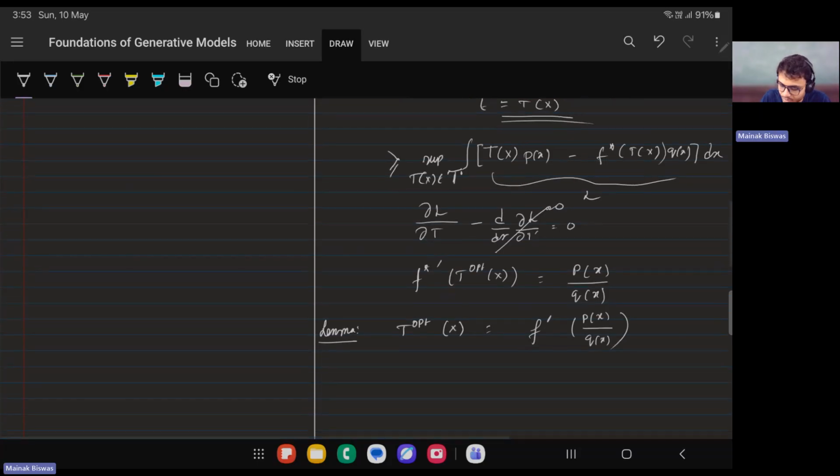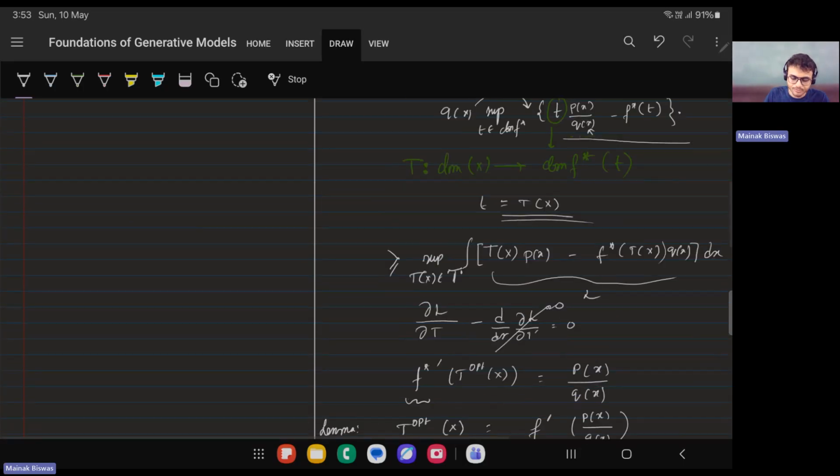So my claim is, if I take the inverse of this function, f star dash inverse is nothing but the derivative of the function. This is my lemma claim. So let's try and prove this.